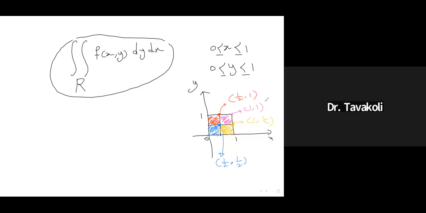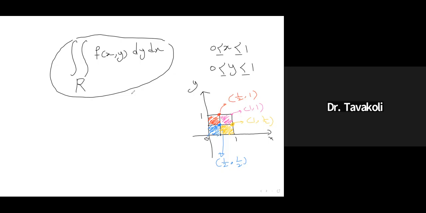So the value of this double integral is approximated by the value of the function times the area of the rectangle, and I should add up for all of these 4 rectangles. Let me write it down here. Since it's just 4, it's not complicated to write.